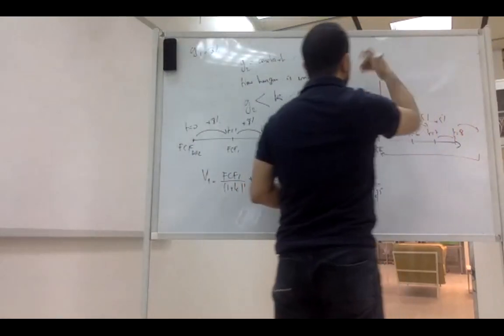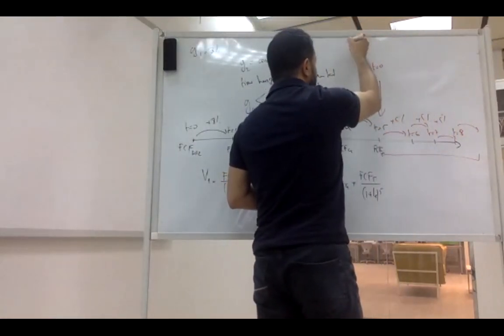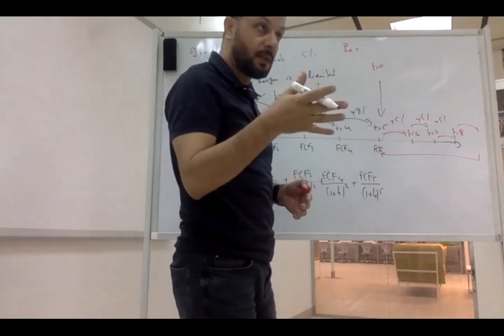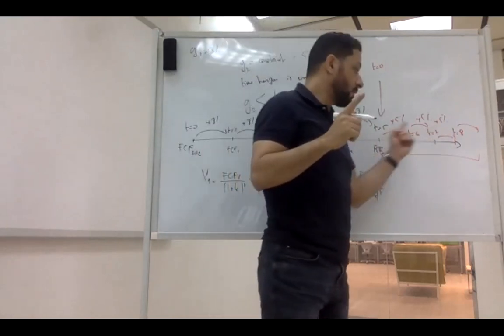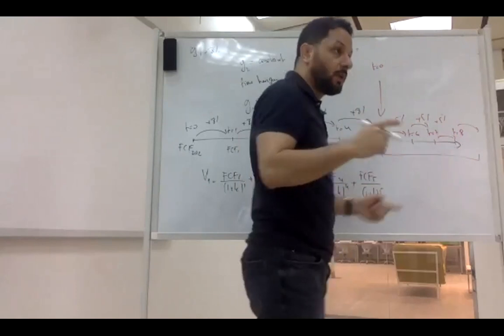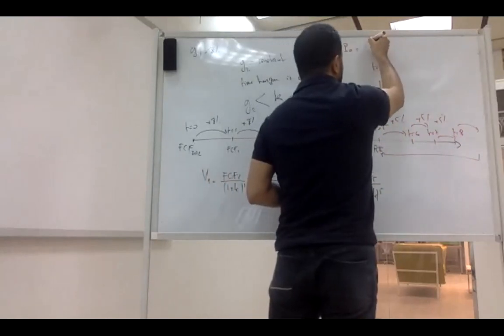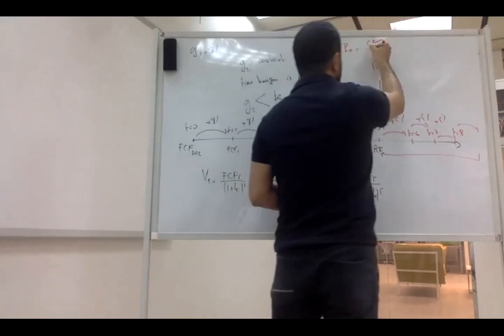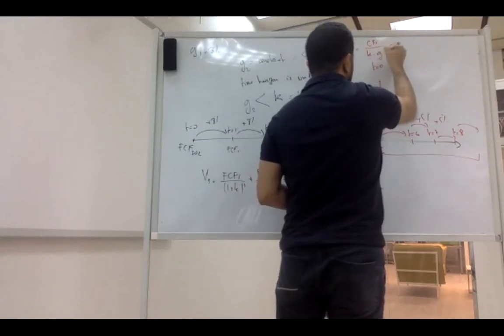So if you want to find, for example, V0, which is the price right now of any asset that meets the requirements of Gordon-Shapiro, it is just equal to the cash flow for the next year divided by k minus the growth rate.